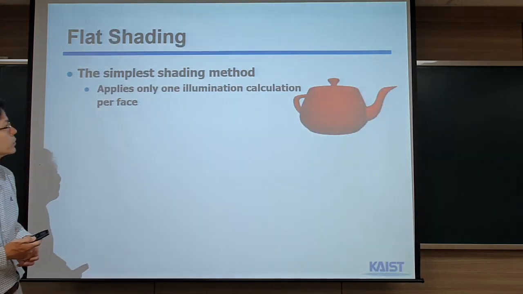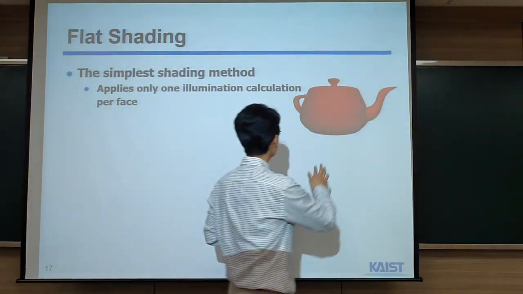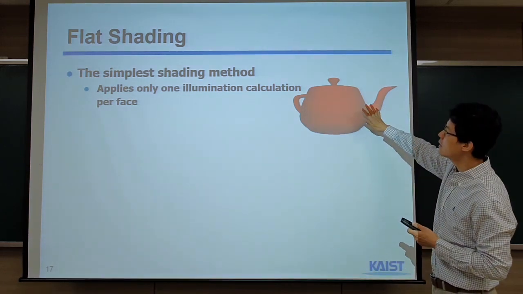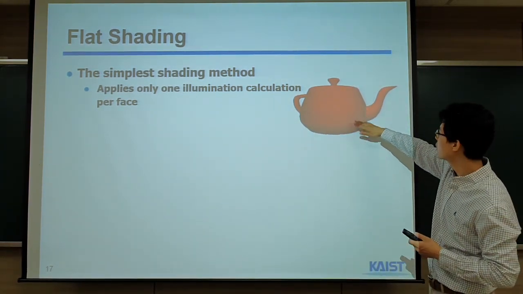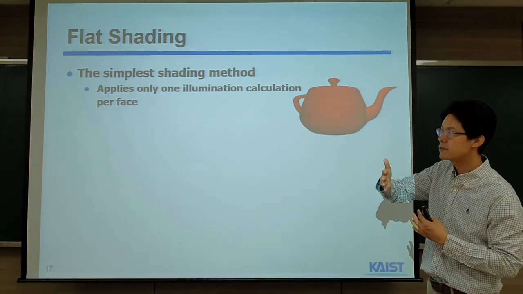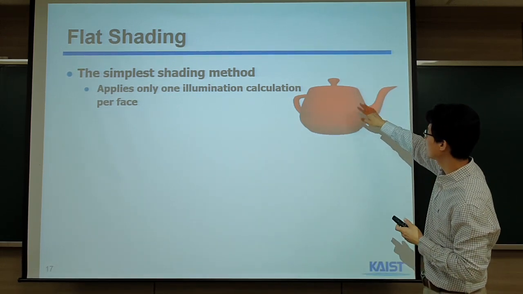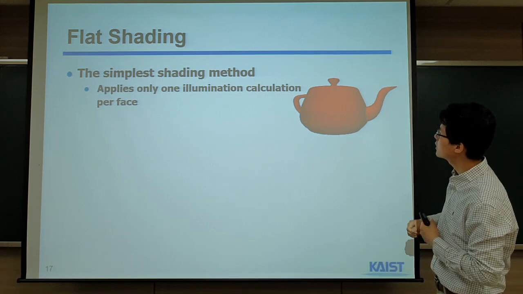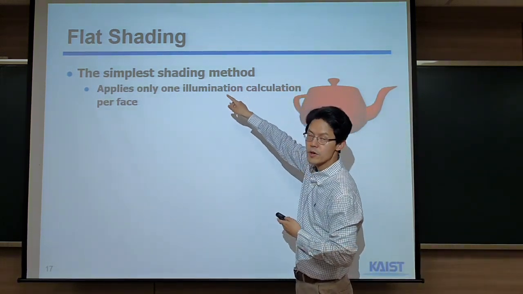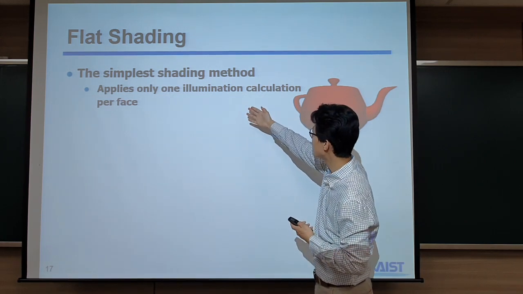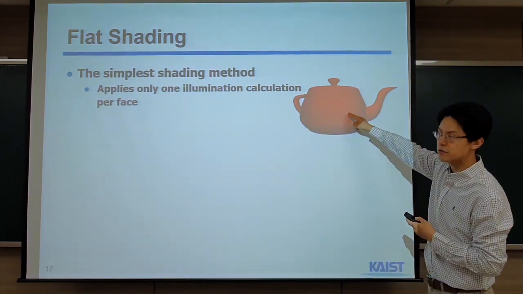Let me show this example here. Here we have this kind of model, and there are some triangles here. If you look at the slide, you can see that we used a lot of triangles. The flat shading is that we apply our illumination model, in other words the Phong illumination model, for each triangle.